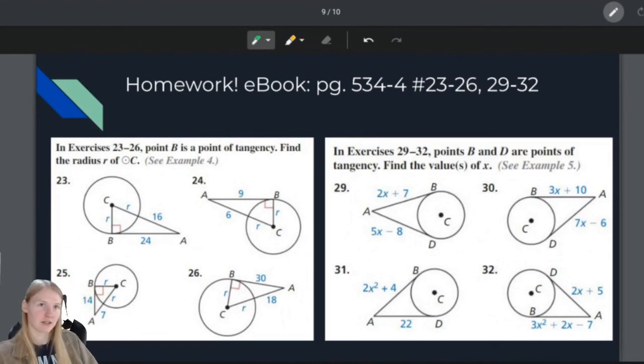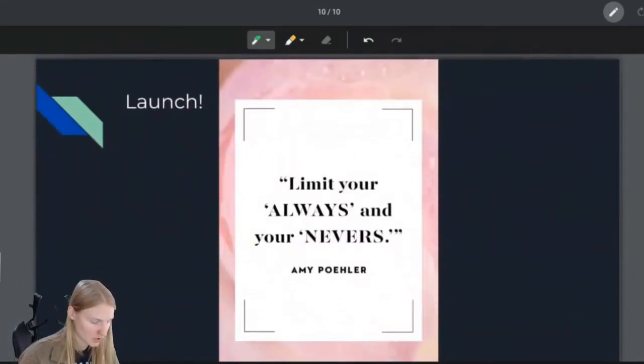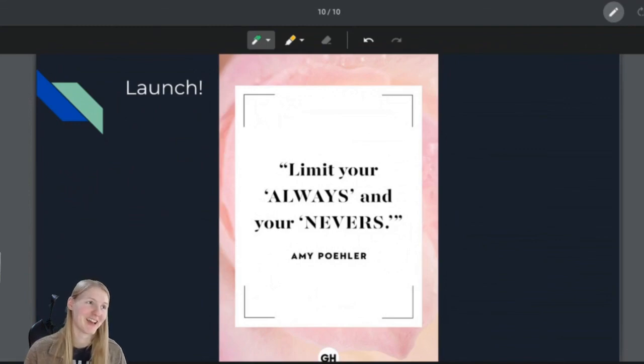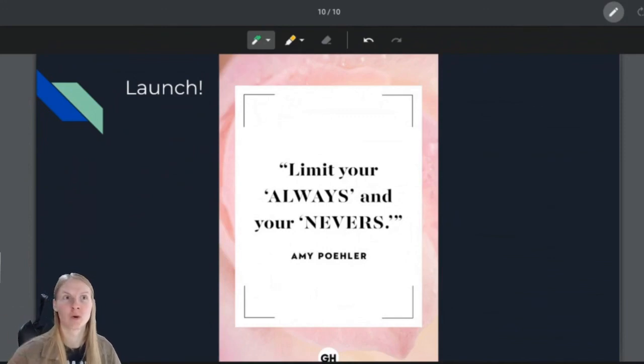Yes, indeed. Alright, and your lunch for today comes from Amy Poehler. She says, limit your always and your never. If you don't understand what that means, it means try not to say always or never, because those are very absolute statements. I always brush my teeth every morning. Well, is there ever a morning that you forget? Or, you always forget to turn in your homework.